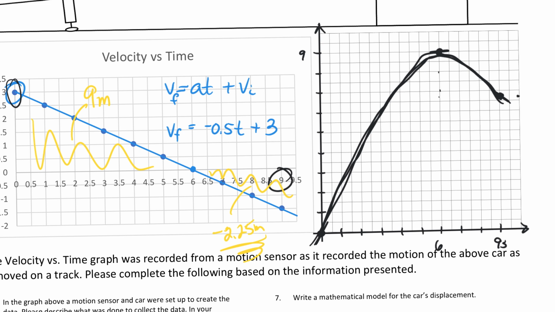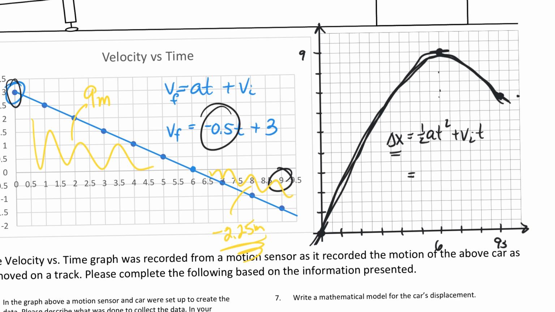If I want to make the function that matches this, I'm probably looking at delta x equals 1/2 a t squared plus vi times t. In fact, better yet, I should write this as x final minus x initial, but we started from the origin, so x initial is 0. But I know what a is. I found that from over here.